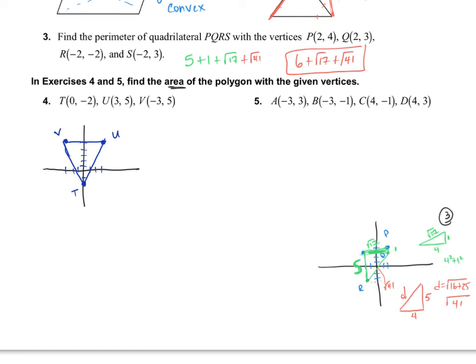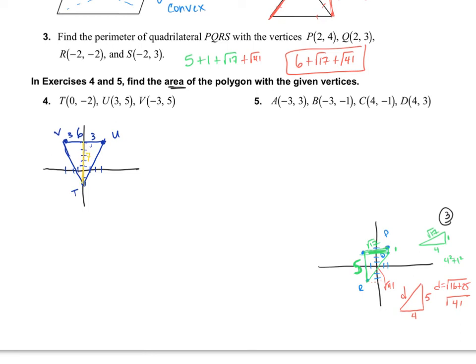So this length went from -3 all the way to 3, so this length is 6. And since this is 3 and that's 3, I know that this is cut in half because that vertex is at 0. So this is going to give me an isosceles triangle. So I know that this height right here is going to be 5 and then -2, so that'll be 7.